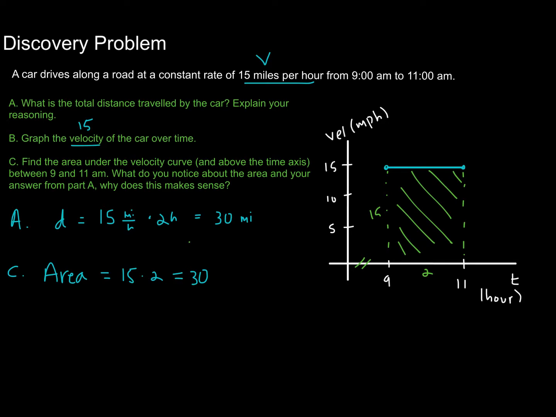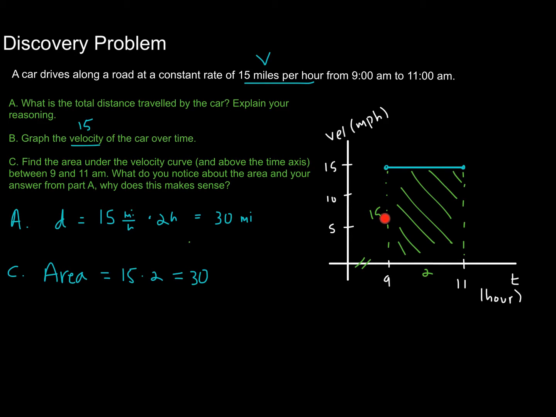Now, we notice that when we computed the area of this rectangle, we got the exact same value that we did in part A when we computed the total distance traveled. And in fact, not only did we get the same answer, but we made the same computation, 15 times 2 and 15 times 2. And this is where the connection lies. When I find the area underneath the velocity curve and above the time axis, I'm actually doing the exact same multiplication.